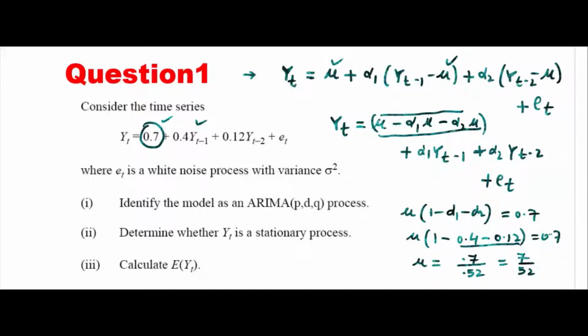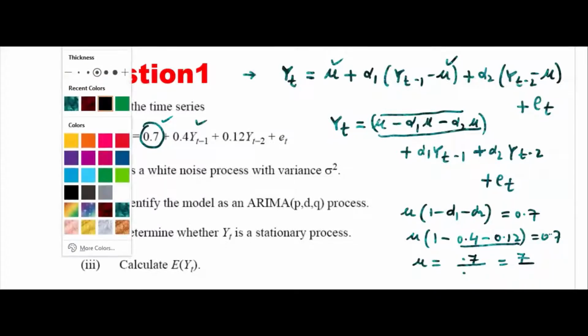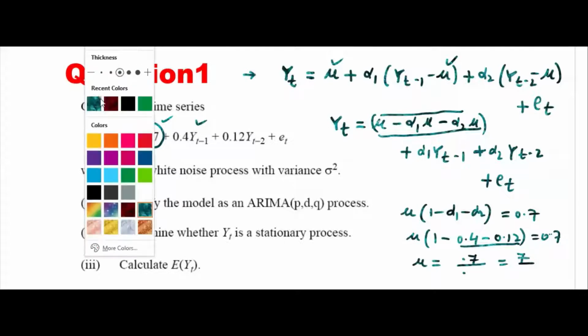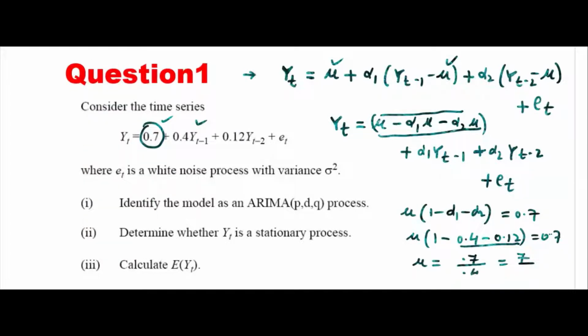Do you agree, Anu? Yes, sir. So mu will be 7 divided by 48. Mu is not 0.7.